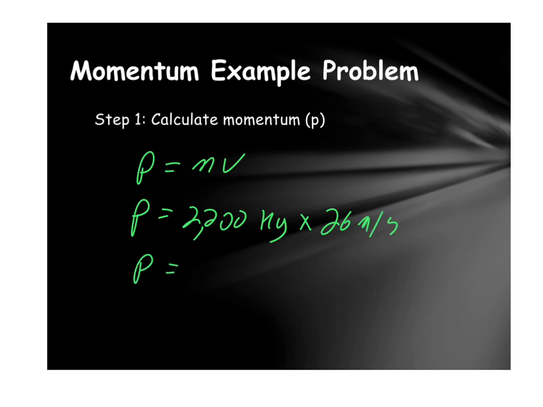So that gives us a momentum of 57,200 kilograms times meters per second. And I'm not going to round to sig figs yet, because I'm going to use this number in three more calculations for each of the three scenarios.